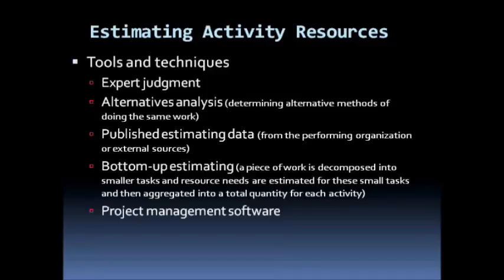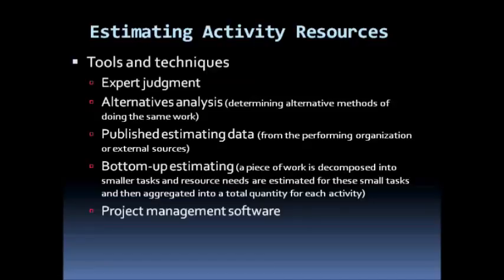Then we could apply bottom-up estimating procedures, where a piece of work is decomposed into smaller tasks and resource needs are estimated for these small tasks, and then these resource needs are aggregated into a total quantity for the activity. So it means if the activity is quite big, we could further break it down into sub-activities and estimate resources in terms of people, in terms of material, in terms of equipment.